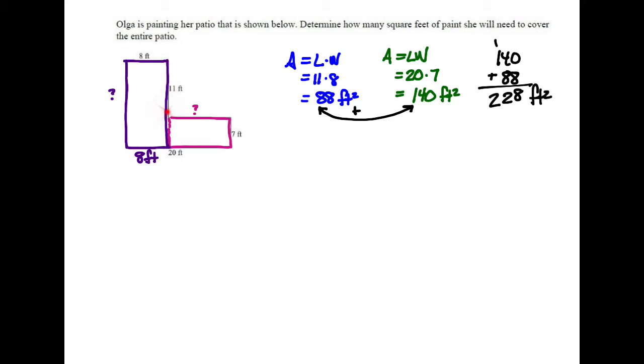Now just this part here is the 11, but from here down is 7. So this top part is 11 and this bottom part is 7. So add those two up and we get 18 feet, right?